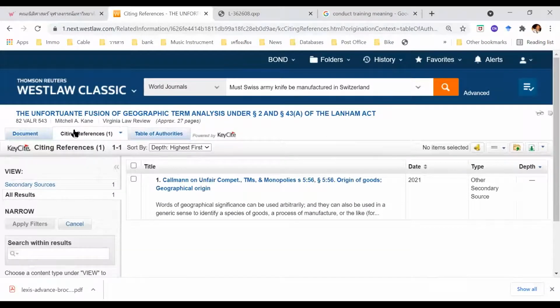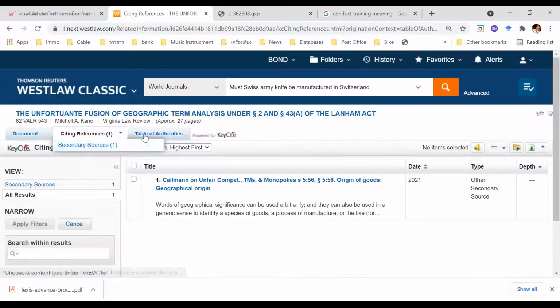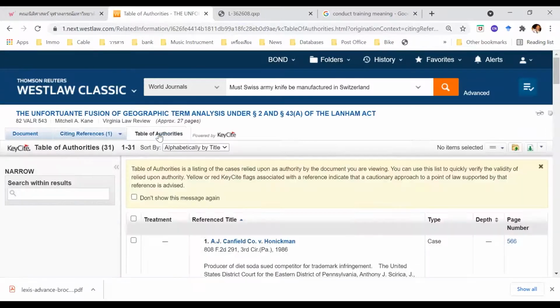It shows you one journal, one article that has cited these articles. So this one we call citing, which means another journal, another publication type citing these articles. These articles have been cited, the case has been cited, a journal has been cited. You can check the list on this.